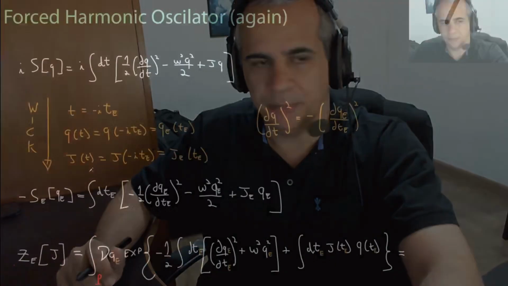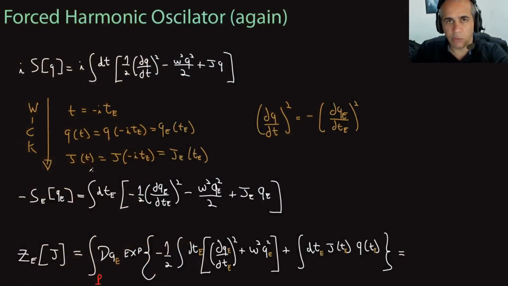And finally, let's take a quick look at the forced harmonic oscillator. I'll be quick about this one because by now nobody wants to hear about harmonic oscillators anymore. You're probably eager to get to fields. So very quickly, what happens if I look at a forced harmonic oscillator in Euclidean space? So this was the action of the forced harmonic oscillator.